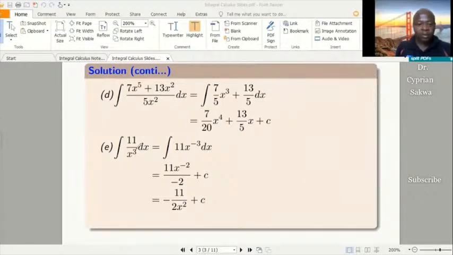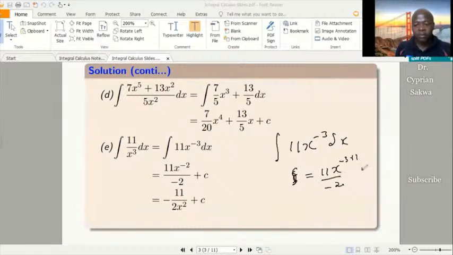Now what about this one? Again, I have to do the same. I have to divide. So that is the same as 11 x raised to negative 3 dx. And so when you add 1 to the power, you'll have 11 x raised to negative 3 plus 1, and this gives you negative 2. So you divide by that negative 2 and then add a constant of integration.